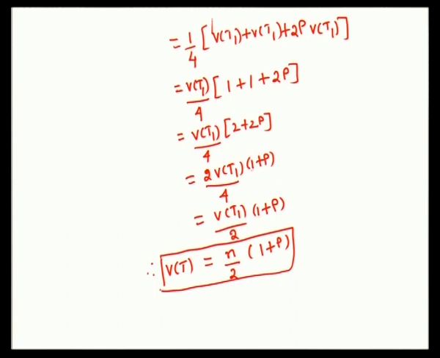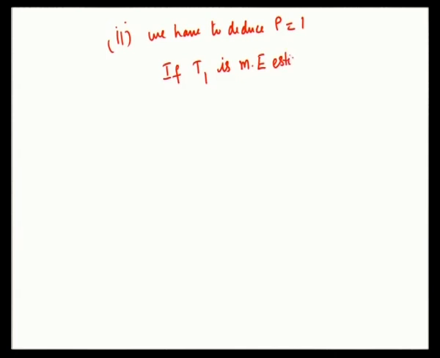Now, you have to go for the second part, that is, we have to deduce rho is equal to 1. If T1 is the most efficient estimator, then variance of T1 is less than or equal to variance of T2.